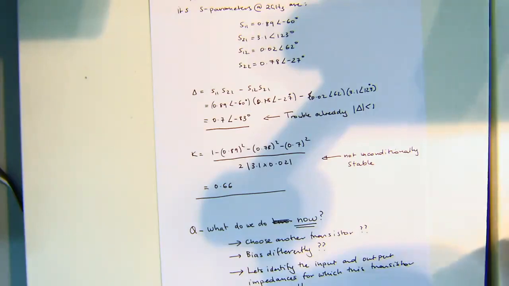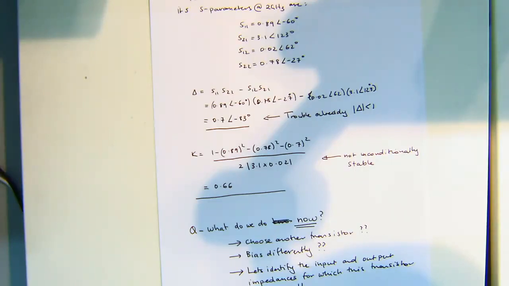Right? So that's what we're going to do now. What we said is, if we're given a transistor, step 1, we work out K, we do the K delta test, and K is greater than 1, delta is greater than 1, what happens then? We know it's unconditionally stable, then let's continue with the design.